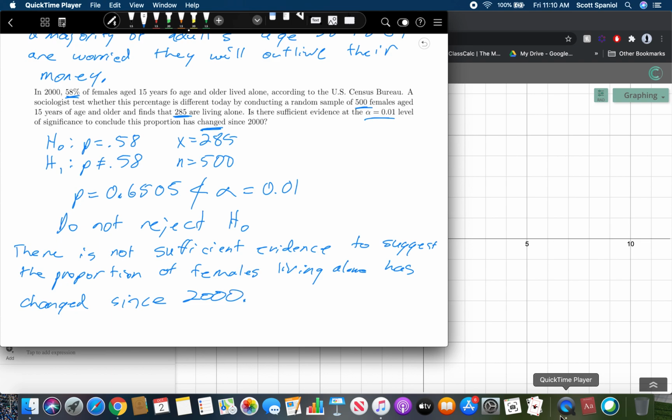Okay. So that's the idea of how to use this one prop z-test.